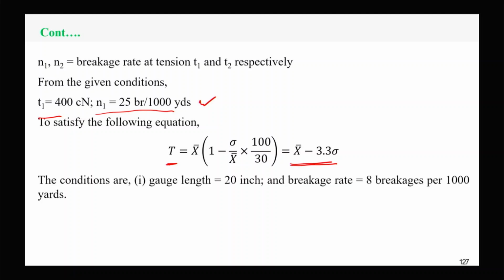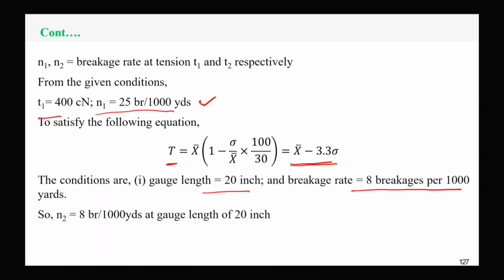To satisfy this, we need two conditions: a 20 inch gauge length and a breakage rate of 8 breaks per 1000 yard. So N2 is 8 breaks per 1000 yard at a gauge length of 20 inch.